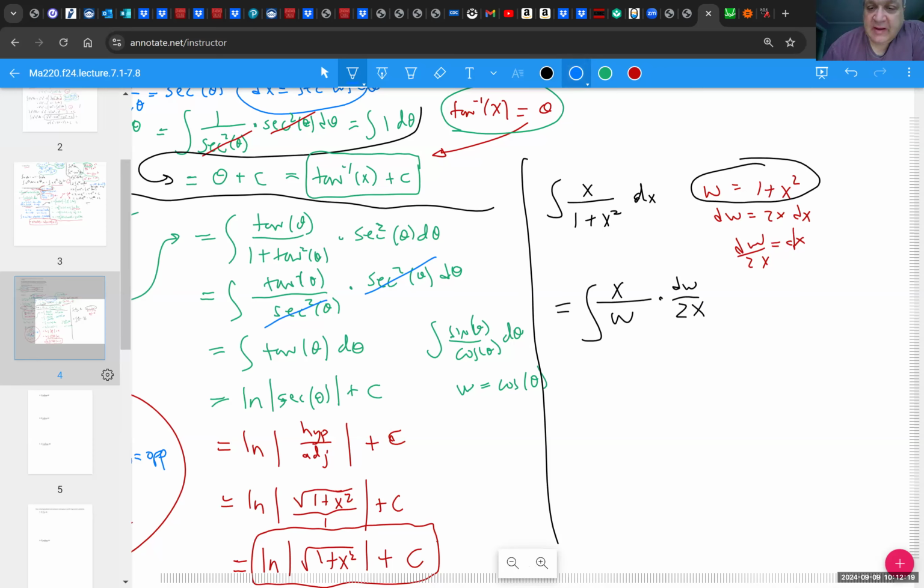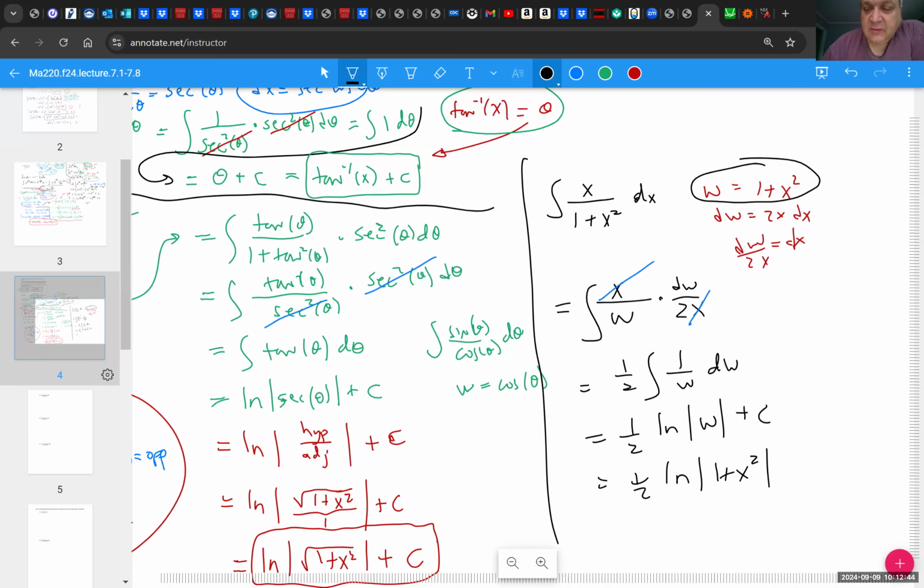The x's divide out, and I'm left with just 1, with the 2 coming outside. I'm left with just 1 over W dW, which is, well, the antiderivative of 1 over W is ln of W. And then I can put in the original variable x because it's already solved for W.